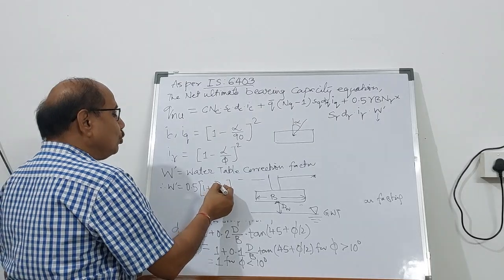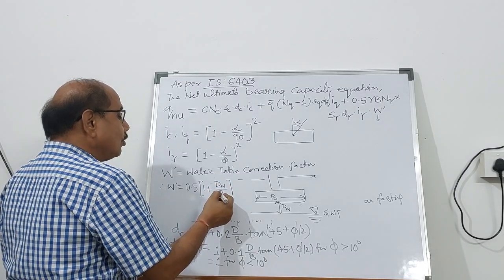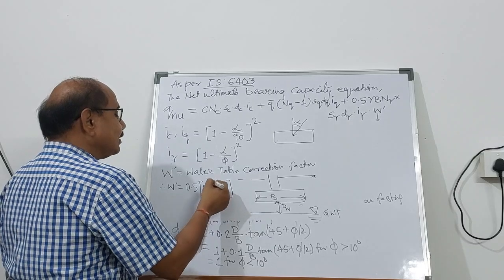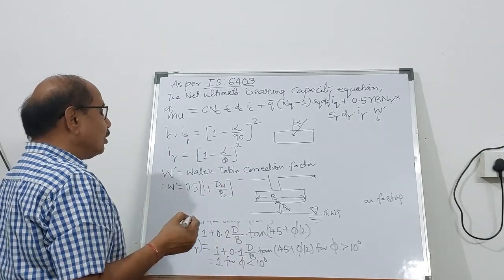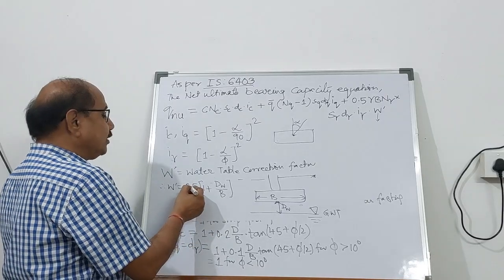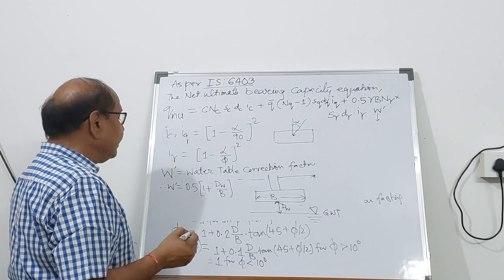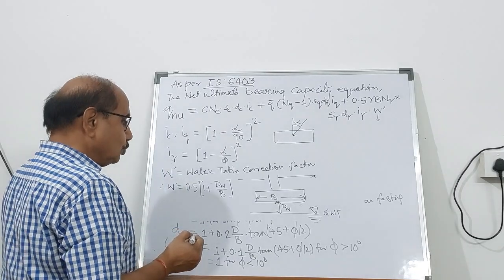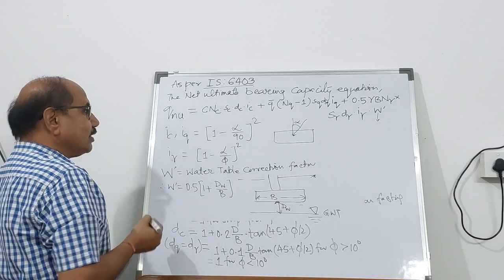And if dW is at a depth B or greater than B, then this term is 1 plus 1 equal to 2, multiplied by 0.5. So the maximum value of W prime will be 1.